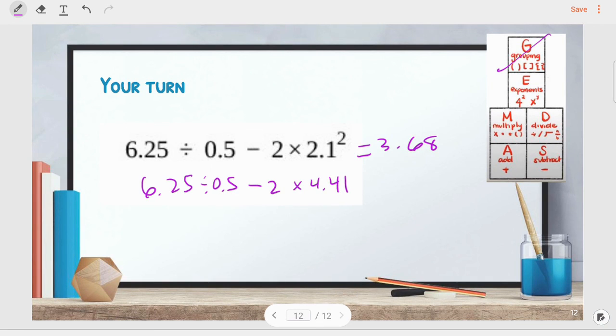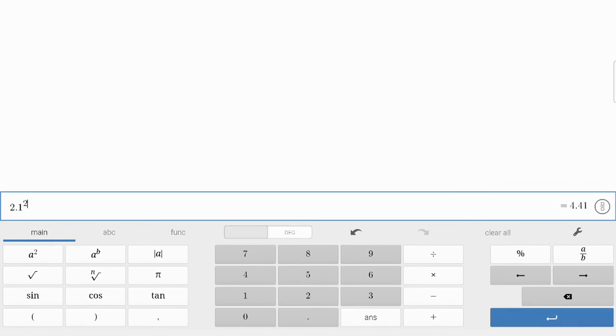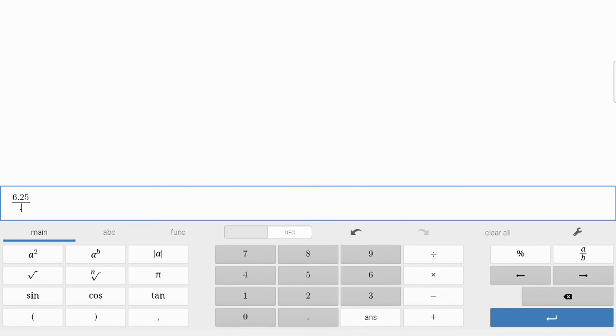Then any multiplication and division, because I'm done with exponents. I do have division and I do have multiplication. Make sure you go left to right. Division first. 6.25 divided by 0.5 gives me 12.5.